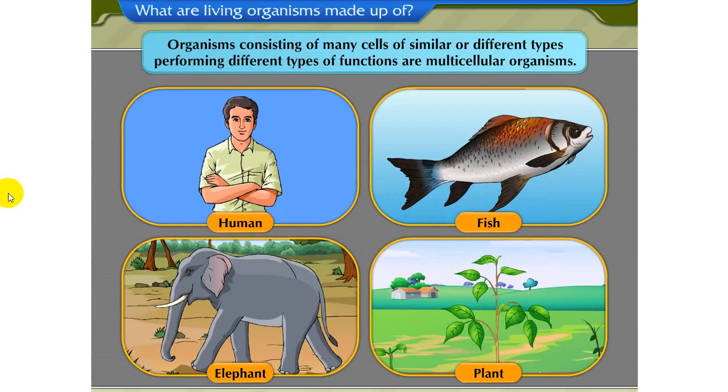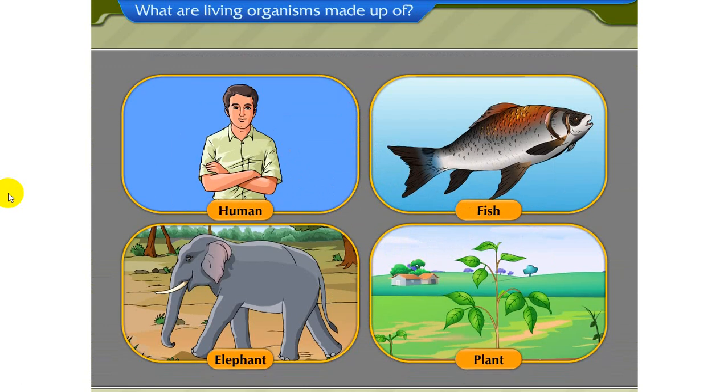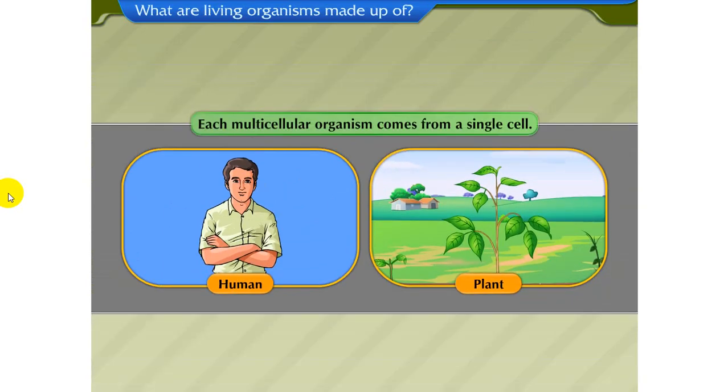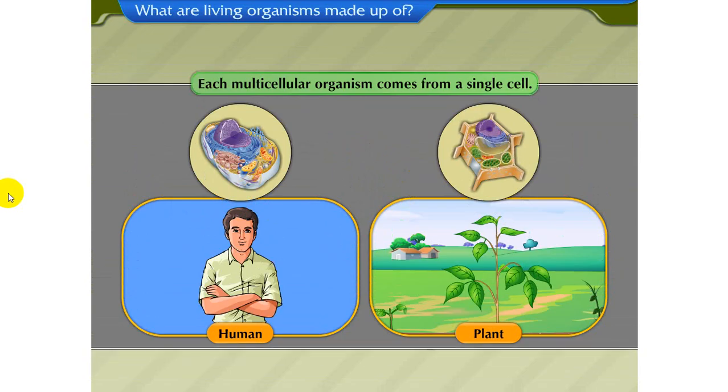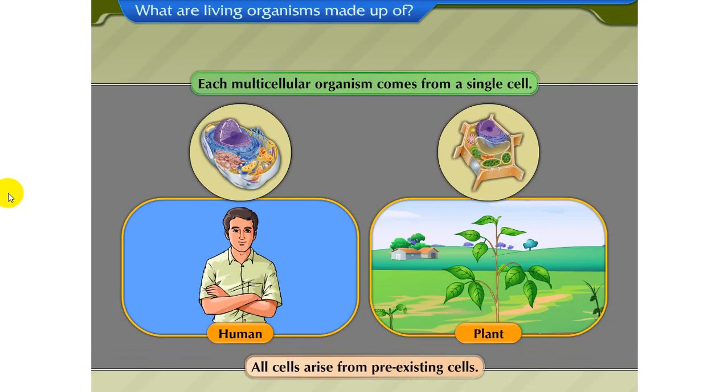Thus, organisms consisting of many cells of similar or different types performing different types of functions are multicellular organisms. Hence, it can be stated that each multicellular organism comes from a single cell. This proves the cell theory that all cells arise from pre-existing cells.